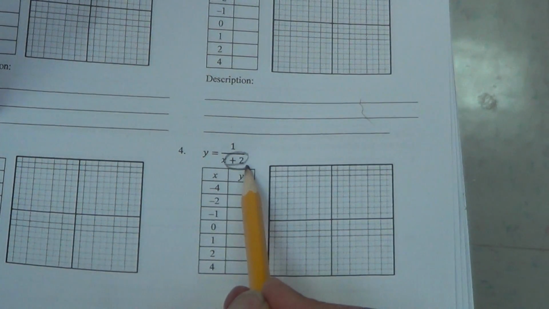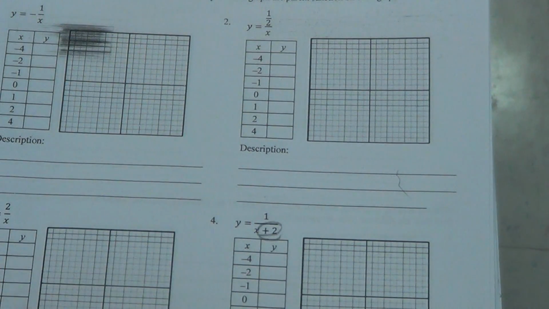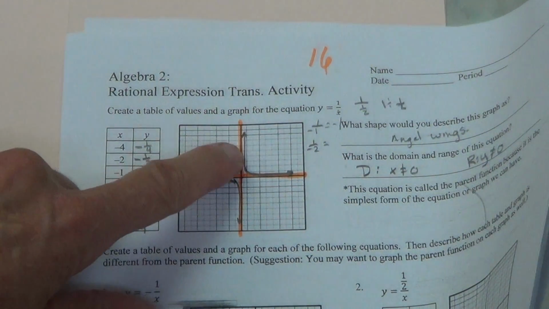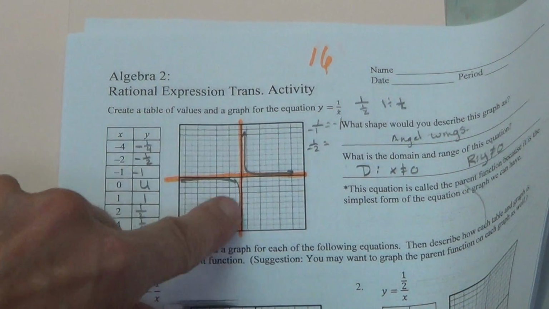This is going to shift with a +2. Now I'll show you the easiest way to do this one is look at your parent graph here. Do you see how it's set up? It has an asymptote here and an asymptote here.